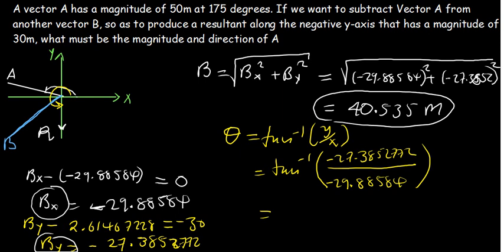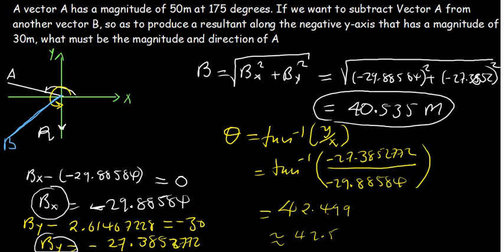That will be tan inverse. So the negatives are going to cancel. That is going to be 27.3852772 divided by 29.88584. So this is giving me 42.499. So this one we can take it just as 42.5.